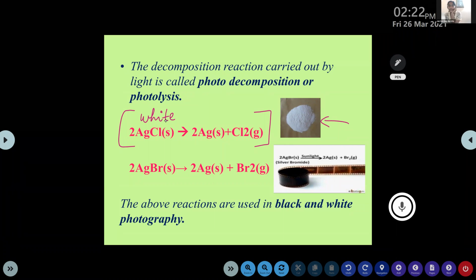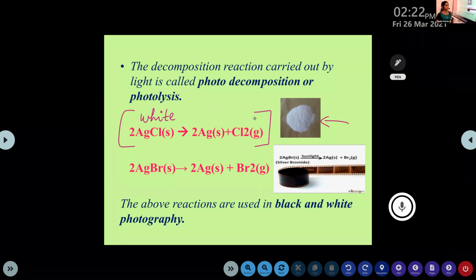Silver. So what's its color? Silver or gray. Okay. So after this photo decomposition reaction, white colored silver chloride turns to silver or gray color due to the formation of silver.